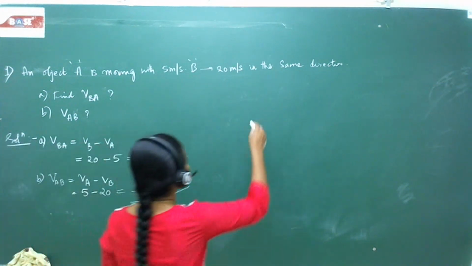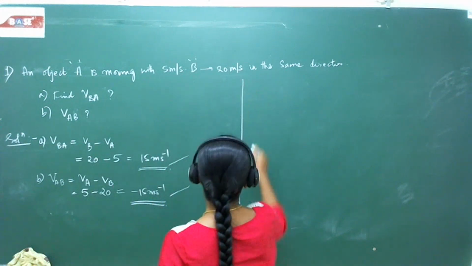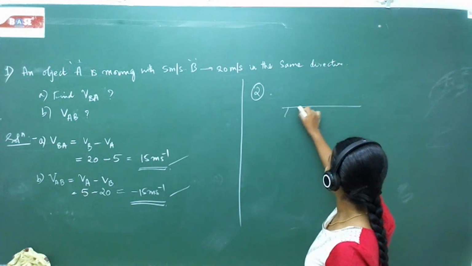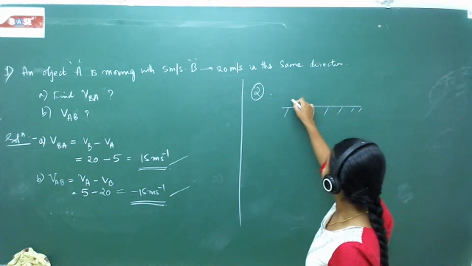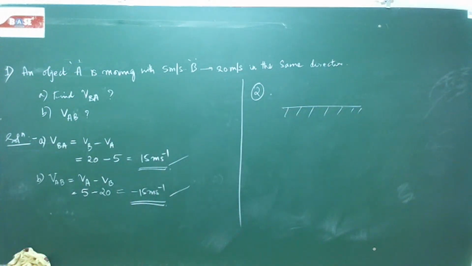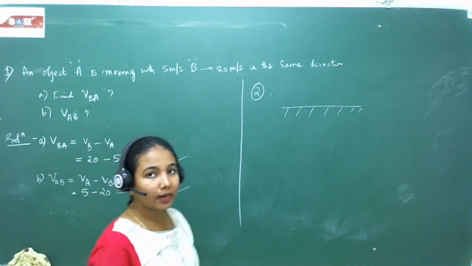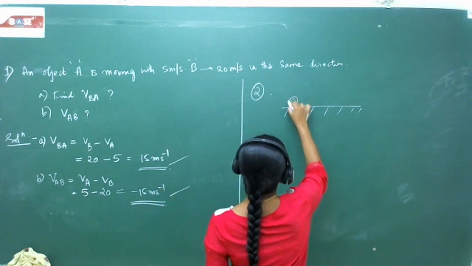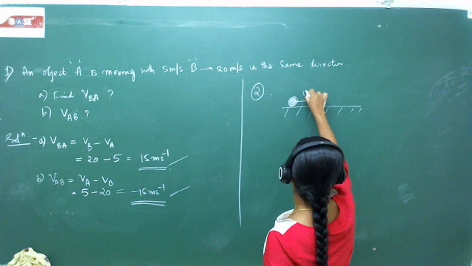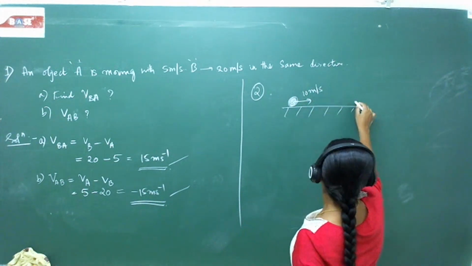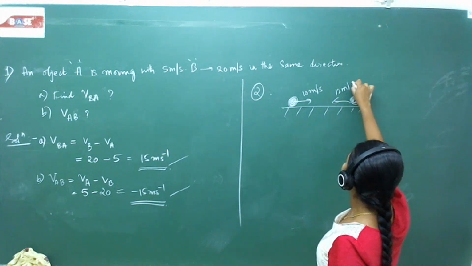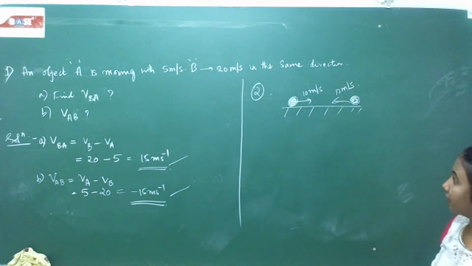So another example. There are two objects moving at 10 meters per second and 12 meters per second. This one is moving at 10 meters per second and this one at 12 meters per second.